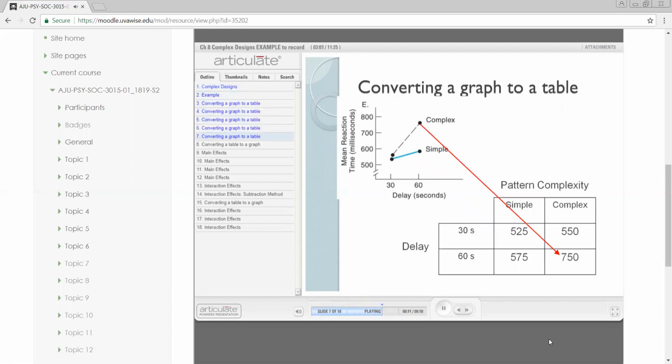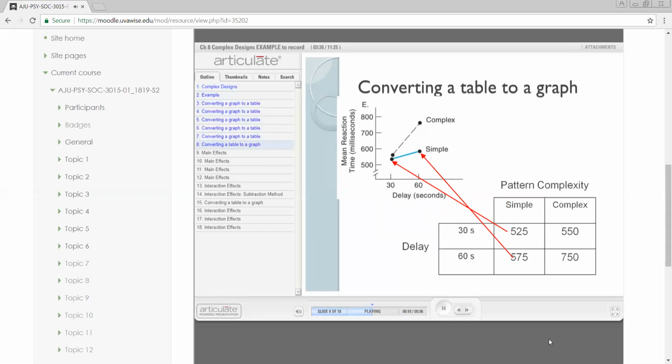Most of the examples I give you will not start out as a graph. Instead, you're going to have to convert the data from the table into a graph. The pattern is essentially the same. What you do is you just do it in reverse. So you need to first determine which independent variable will be on the x-axis and which is going to be represented by either a solid or a dotted line.